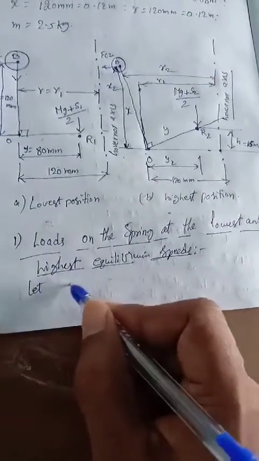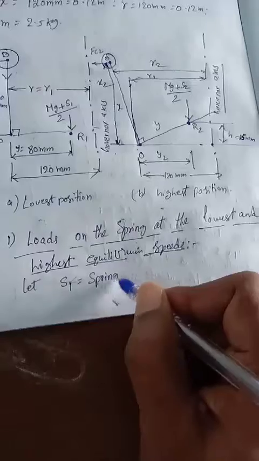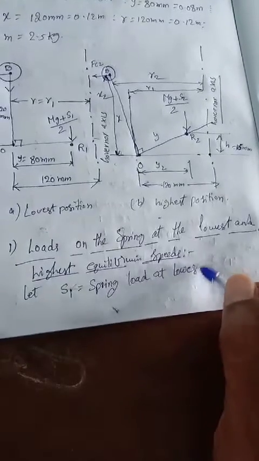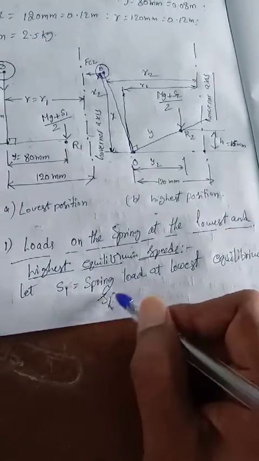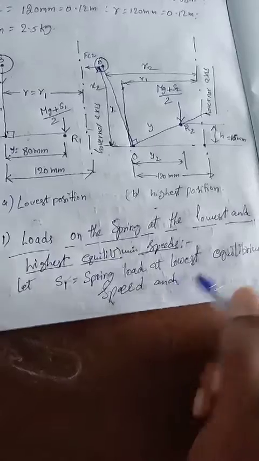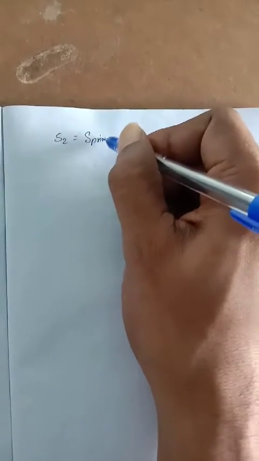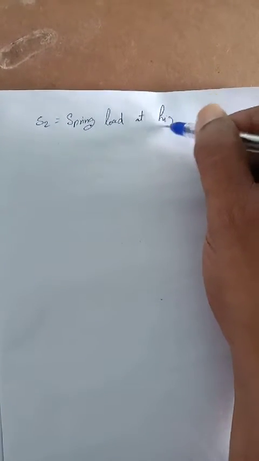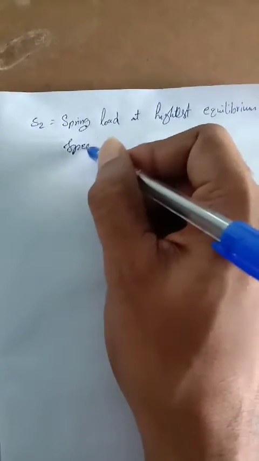Okay, so let S1 be the spring load at lowest equilibrium speed, and S2 be the spring load at highest equilibrium speed.